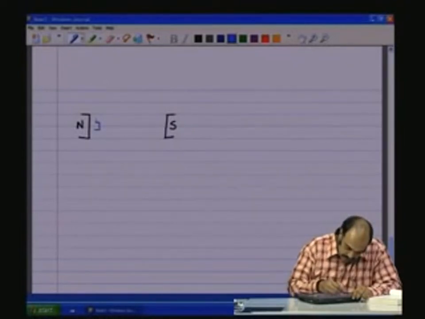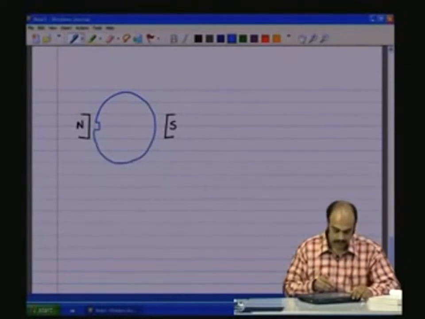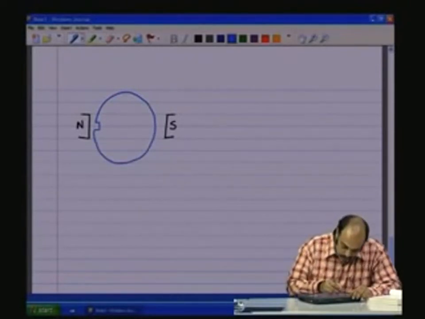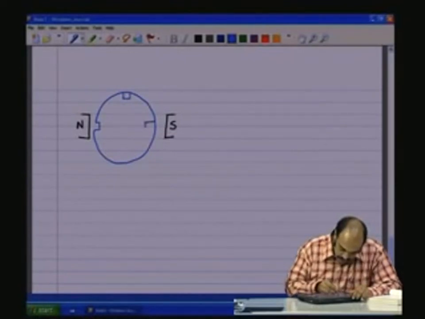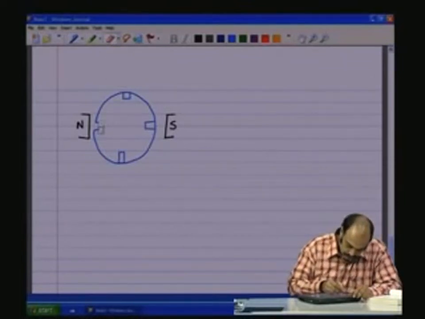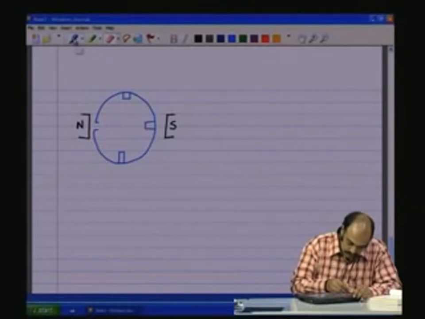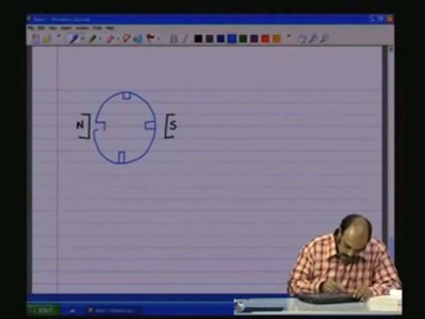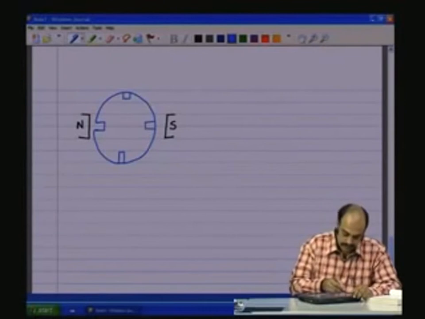Let us first have a circular core, and to the circular core we shall have 4 slots, as shown here like this.